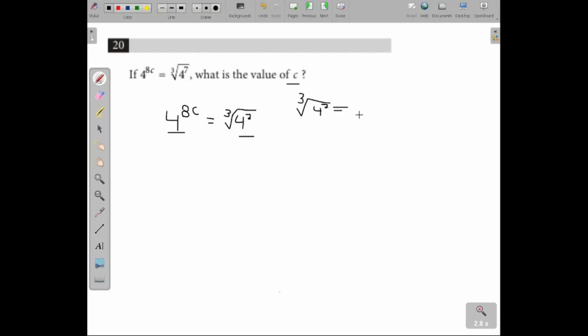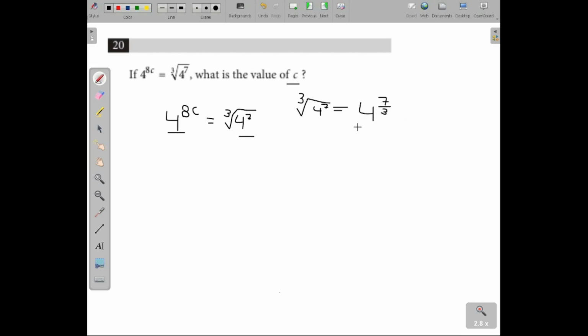So this cubic root can be expressed in this way. We have that. So that's the same, but the cubic root saying that it will divide the exponent of this number.